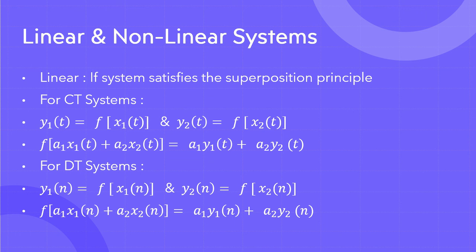Now, one more important point. A linear system produces zero output if the input is zero. Under relaxed conditions, if you are not providing any input, then your output will be zero, but it is still said to be a linear system, right?